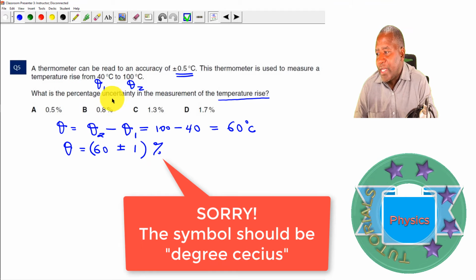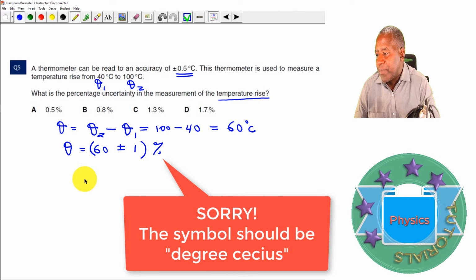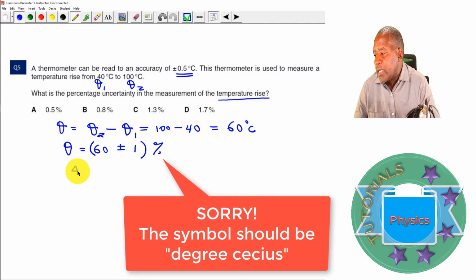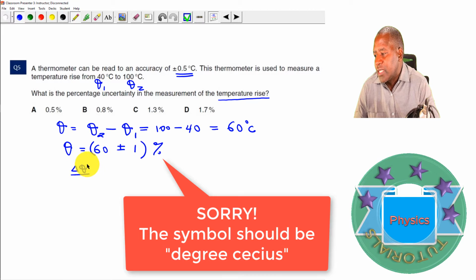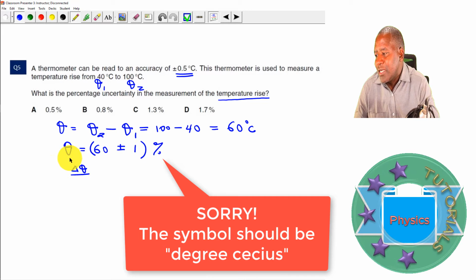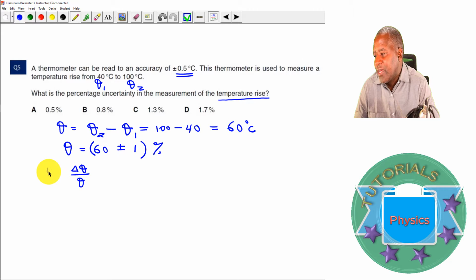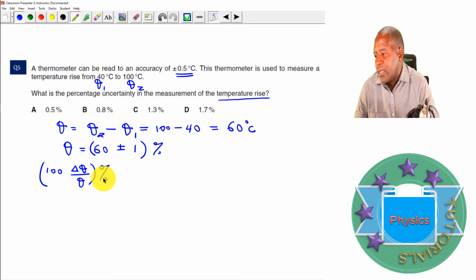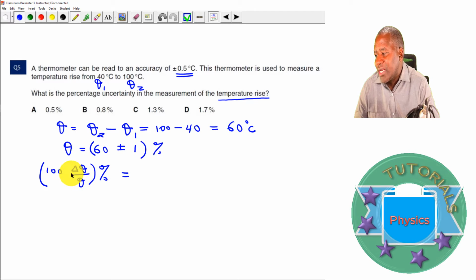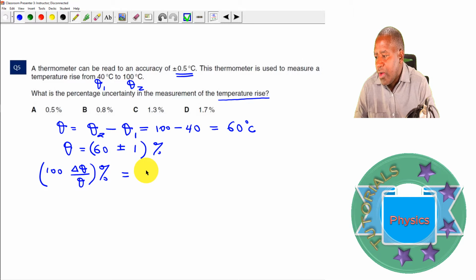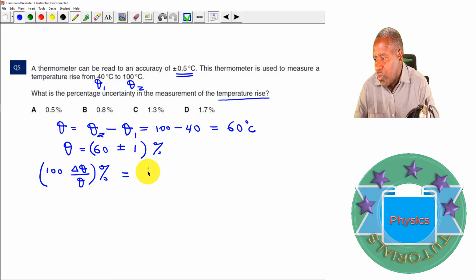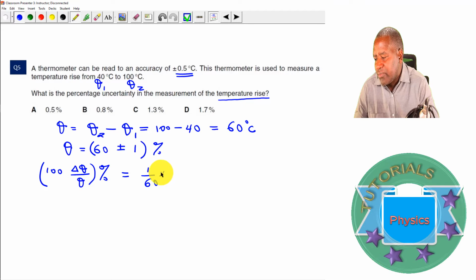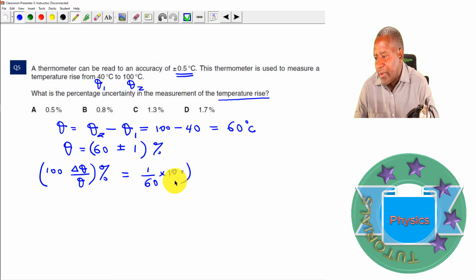So we want to get the percentage uncertainty in that temperature rise. It will be delta theta, that is the absolute uncertainty in theta, divided by theta itself, times 100. This is how we express the percentage uncertainty in the temperature rise, which will be delta theta, which is 1, divided by theta itself, which is 60, times 100.